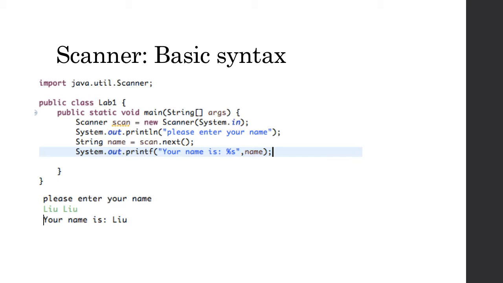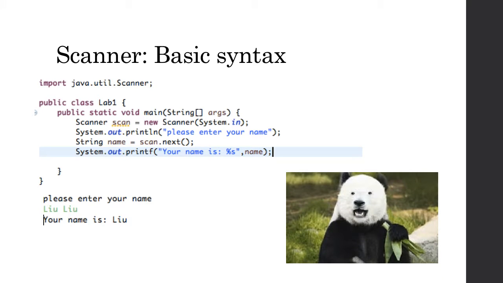So first, for scanners, the basic syntax is just Scanner scan equals new Scanner(System.in), and then you just do scan.next. Easy, right? But how come it just prints my first name, not my last name, or vice versa?